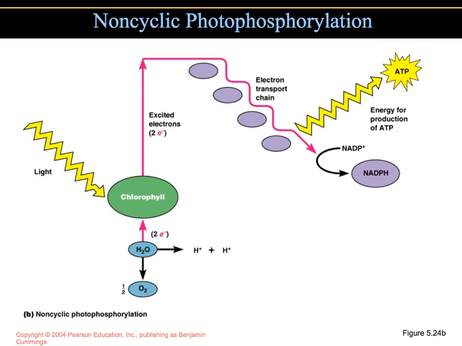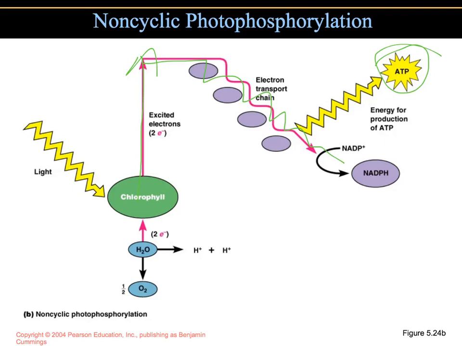Now, there's also non-cyclic photophosphorylation, and this is used in oxygenic organisms, the organisms that use water as a source of hydrogens. So the electrons are released from the chlorophyll, and yes, they get excited, they jump up, they go down the electron transport chain, releasing energy to make ATP, just like in cellular respiration.